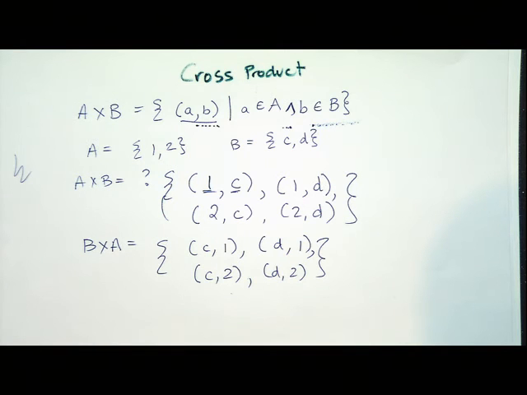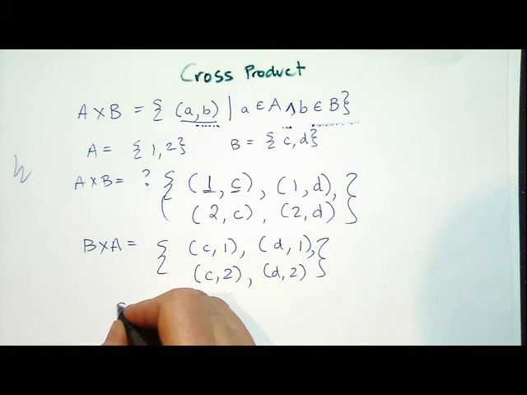Okay, you guys have been dealing with cross products forever on the XY coordinate plane. The XY coordinate plane is one representation of a cross product of what with what? What are the two sets that points on the XY coordinate plane are coming from? The real numbers.